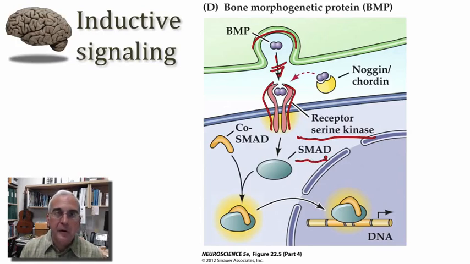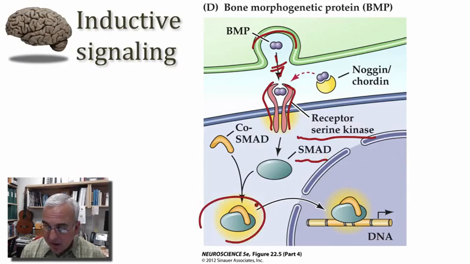This is an acronym. You don't need to worry about its name, but I do want you to understand something about how this system works. The activated SMAD then associates with additional helper proteins, and this then translocates to the nucleus, where it acts as a transcription regulator. Now, BMP signaling is especially important in mesodermal tissue.